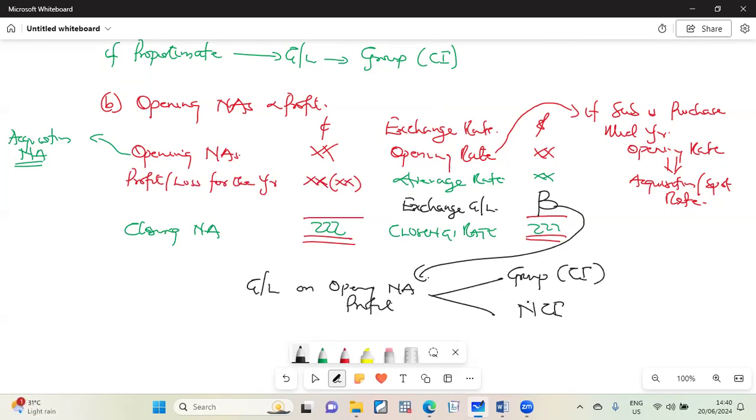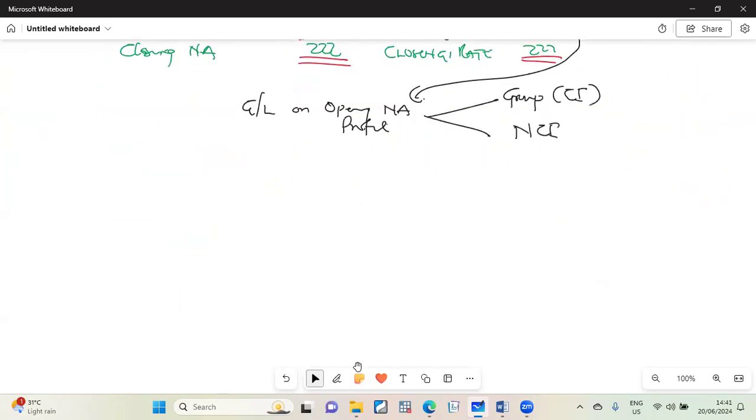Now, these things that we have done, the exchange rate on goodwill and that of the net asset, all the exchange differences that we have done, please, they don't go to retained earnings. Take note of that, because it's not realized yet.